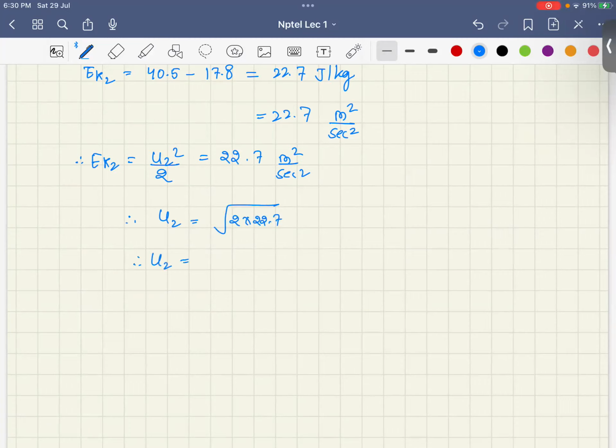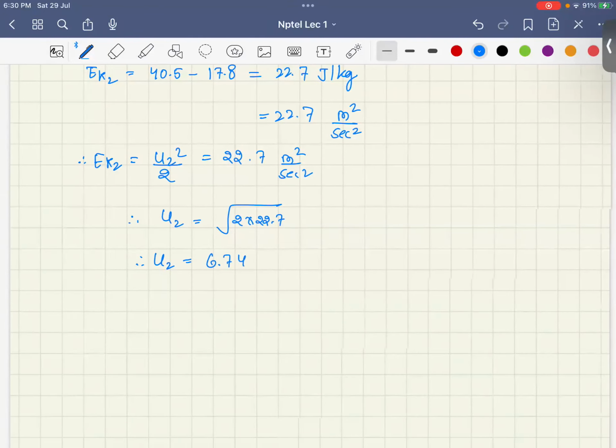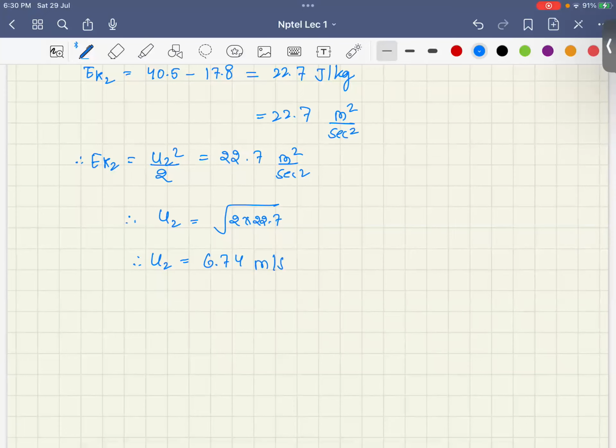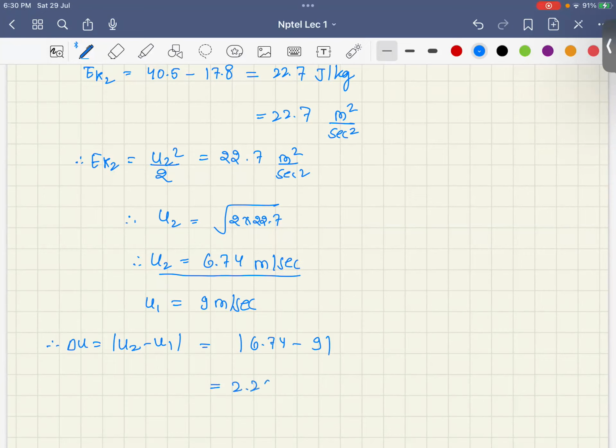Therefore, u2 comes out to be 6.75 meter per second, right? And we already know that u1 is nothing but 9 meter per second. Therefore, change in u is nothing but mod of u2 minus u1, which is 6.74 minus 9, which is nothing but 2.26 meter per second. Change in speed.